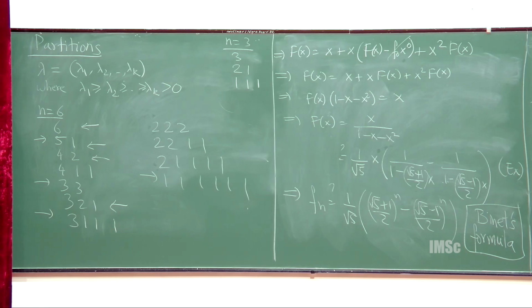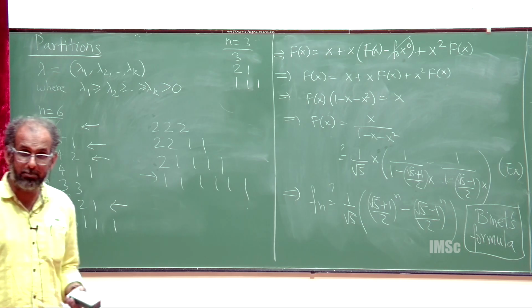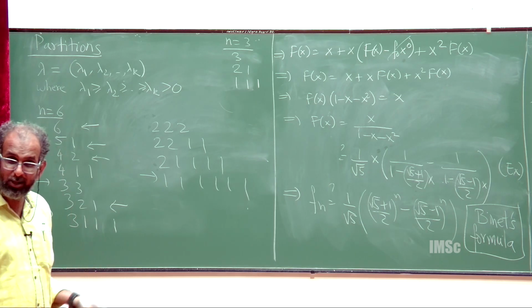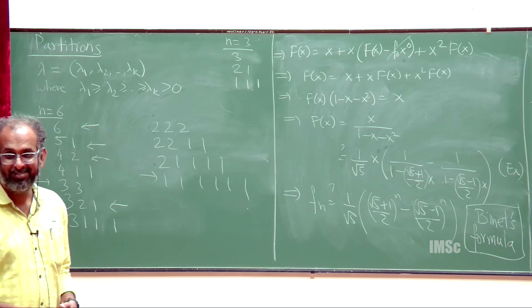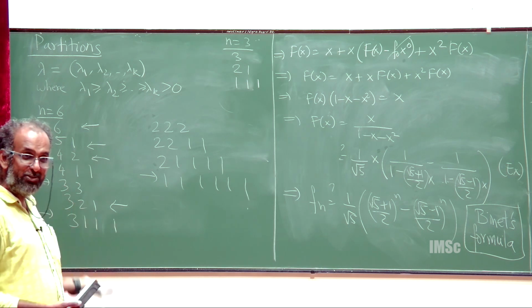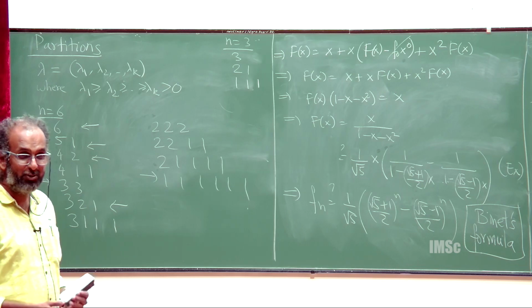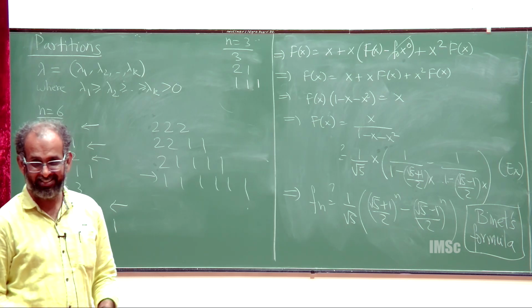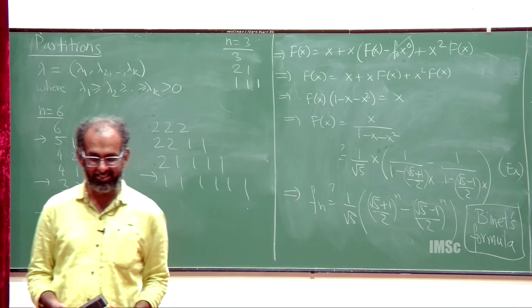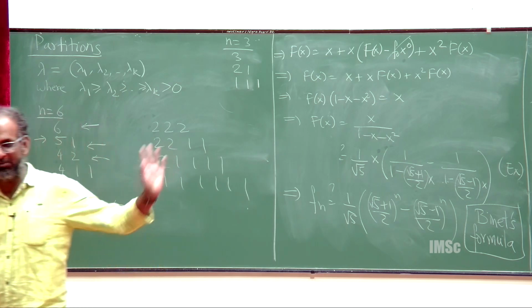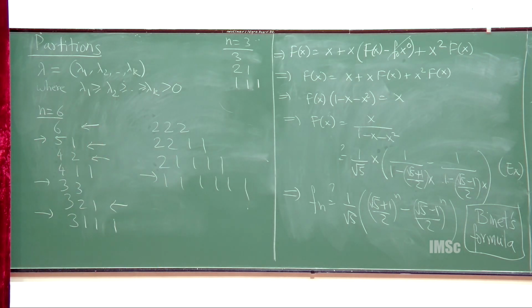So 4. So the number of odd partitions of 6 and the number of distinct partitions of 6 are both equal to 4. Again, Euler observed the beautiful theorem that this is true for all n, and I will prove this next time, among many other nice results about partitions.